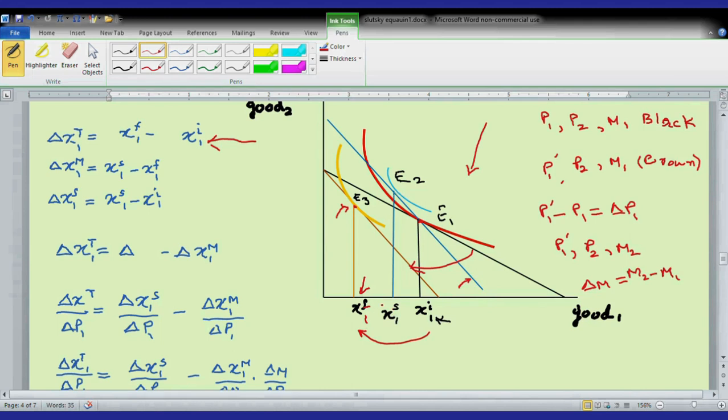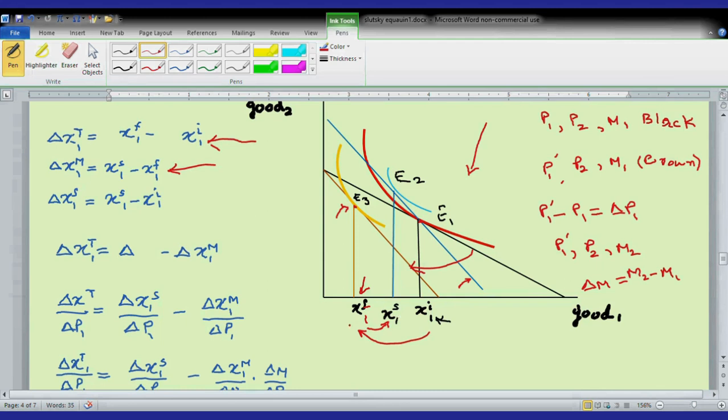So as a result of compensation, consumption of good one increases from X1F to X1S, and this is happening because of the change in income from M1 to M2, so we say that this is an income effect, and this is equation 2, which represents this income effect. Final value of consumption after compensation is X1S.